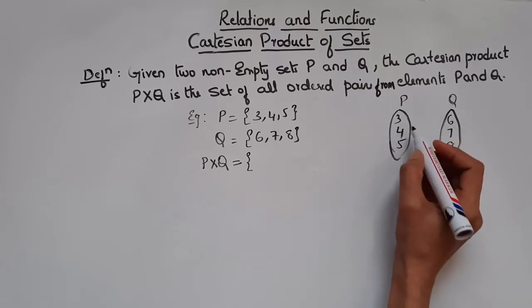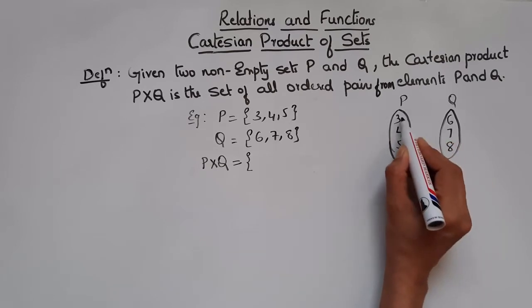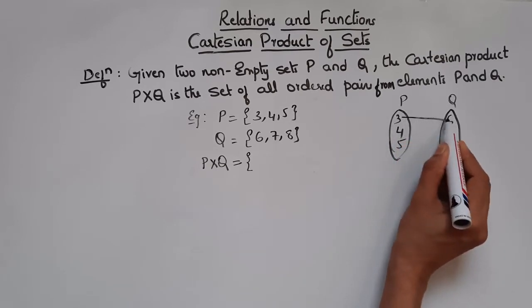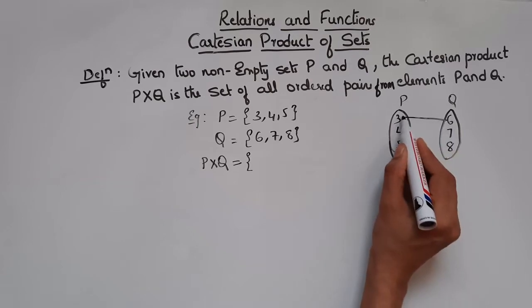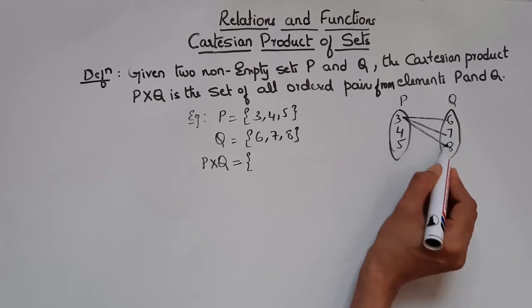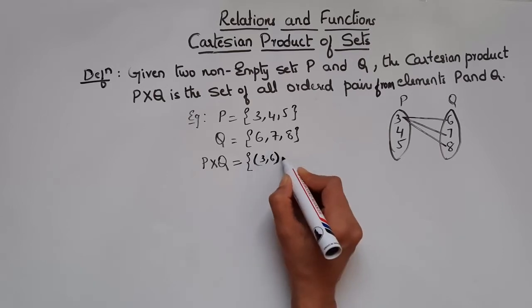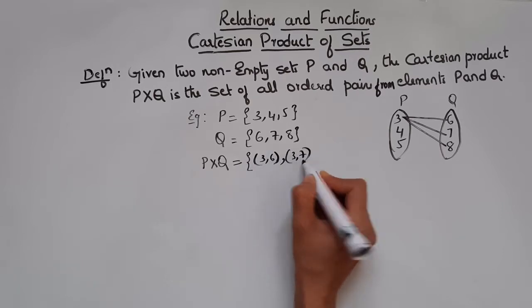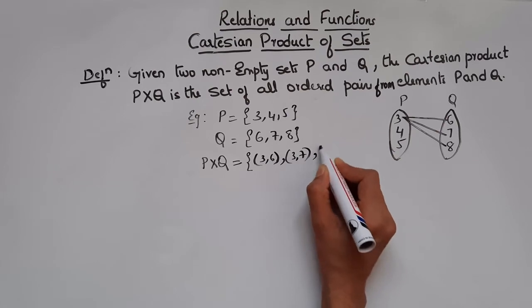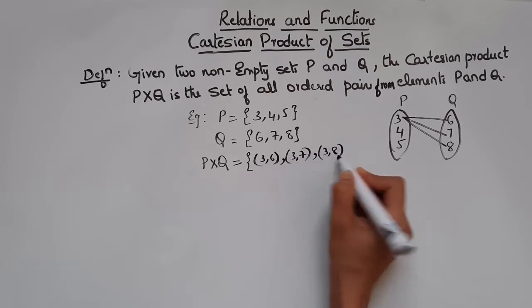Now you will take the first element of set P and pair it with all the elements of Q, that is 3, 6, 3, 7, 3, 8. So the pairs are 3, 6, 3, 7, and 3, 8.